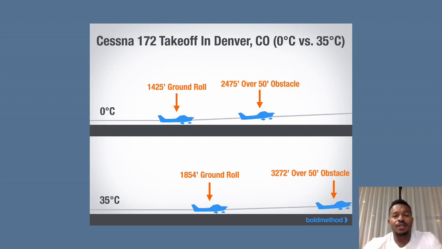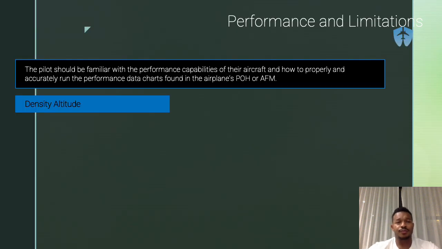So as a pilot, you need to be well aware of what type of conditions you are flying in, and also what you need to do to prepare yourself for these situations.